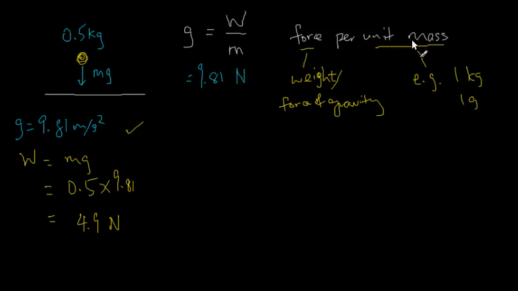We know the SI unit for mass is kilogram. So therefore the force per unit mass in SI units must naturally be Newton per kilogram. So we have another physical interpretation of g, as the force per unit mass.